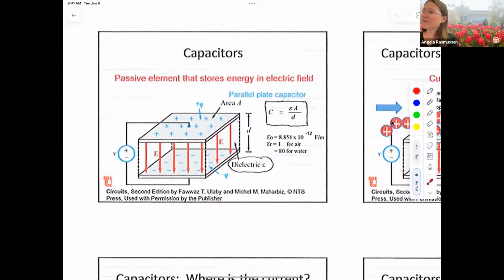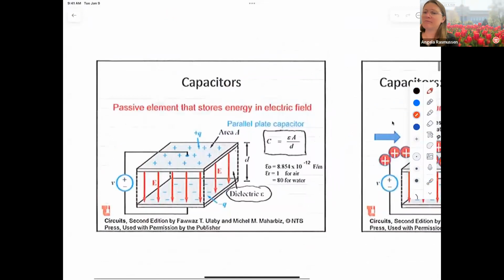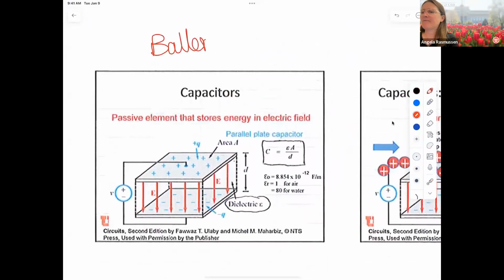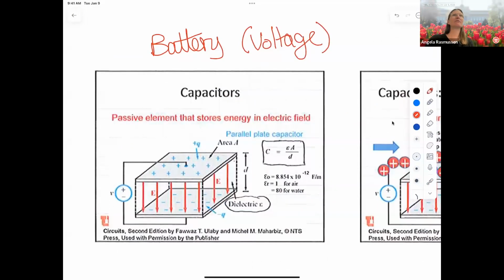I like to think of them as a battery. I think of a battery as literally a 5-volt or 9-volt battery, something that has voltage to it, has potential on each side of it. So it stores charge, which then correlates to voltage.